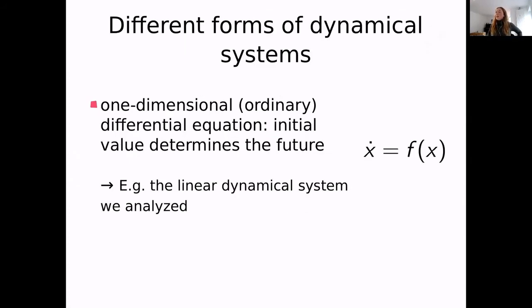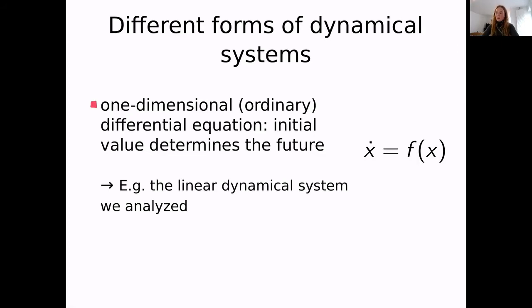So I already hinted at it, there are different forms of such dynamical systems, and we already analyzed a linear dynamical system, which was one-dimensional, so there was only one scalar variable, and this can be nicely illustrated using these plots. And so these are ordinary differential equations, just for those of you who are familiar with this.